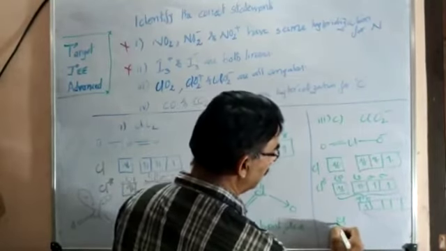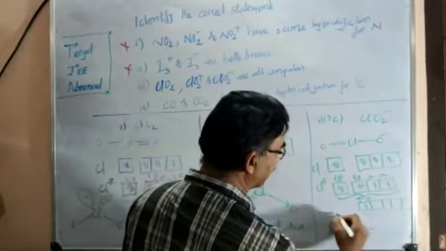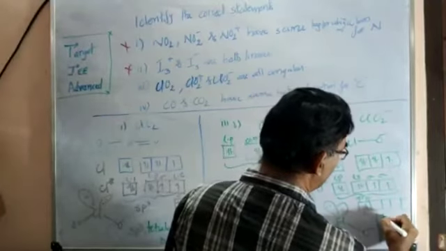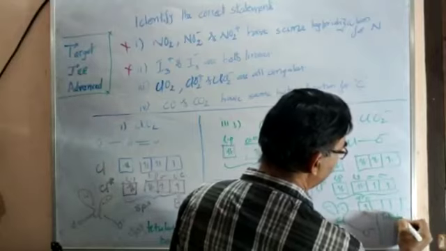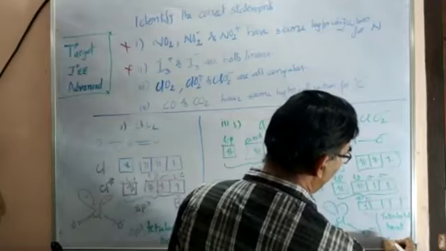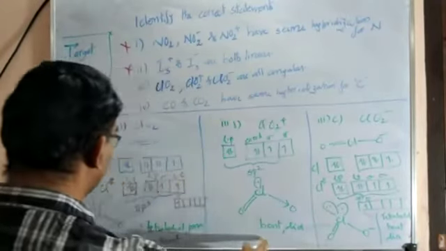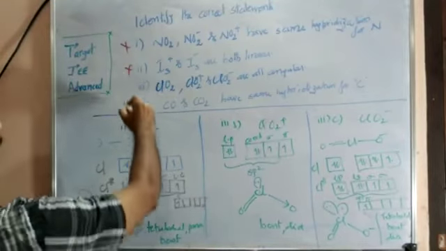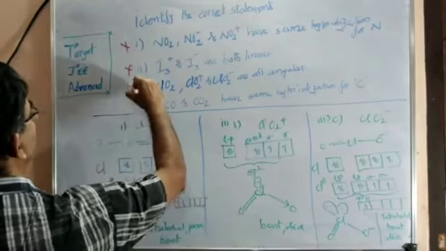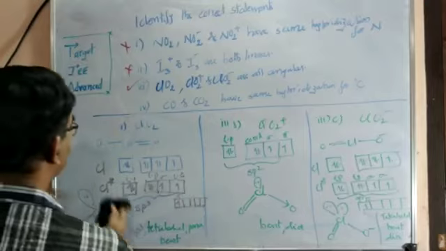So Cl, double bond O, single bond O with a minus charge, lone pair, lone pair. So tetrahedral, bent, diamagnetic. So this is bent, this is bent, this is bent. This statement is correct. Third statement is correct. Even though hybridizations are different, all are bent.